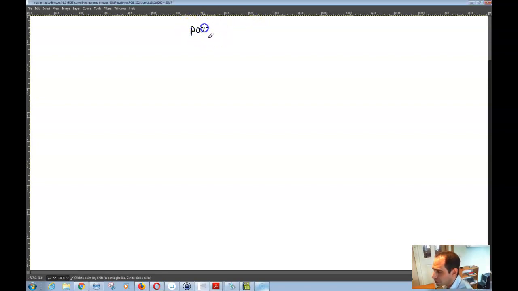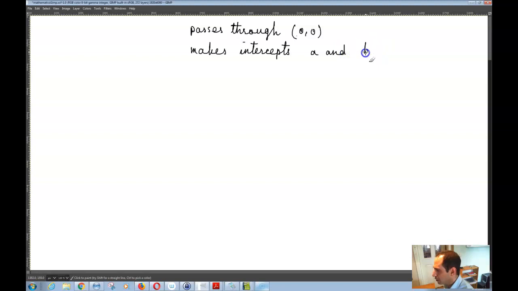So the circle passes through 0, 0, and makes intercepts A and B on the coordinate axis.